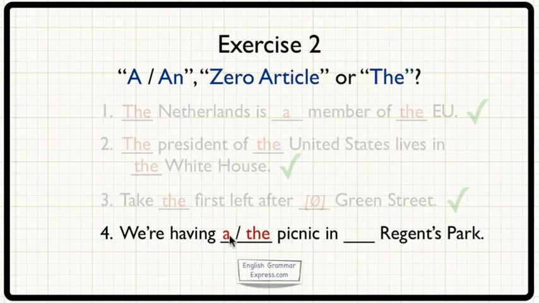I could be talking about a picnic for the first time, in which case it would be a, or I could be talking about a picnic which my friend knows about, in which case we would use the. So we're having a or we're having the picnic in something Regent's Park. Now we've seen that parks in English require a special use of zero article. So the whole sentence is we're having a or the picnic in Regent's Park, no article.